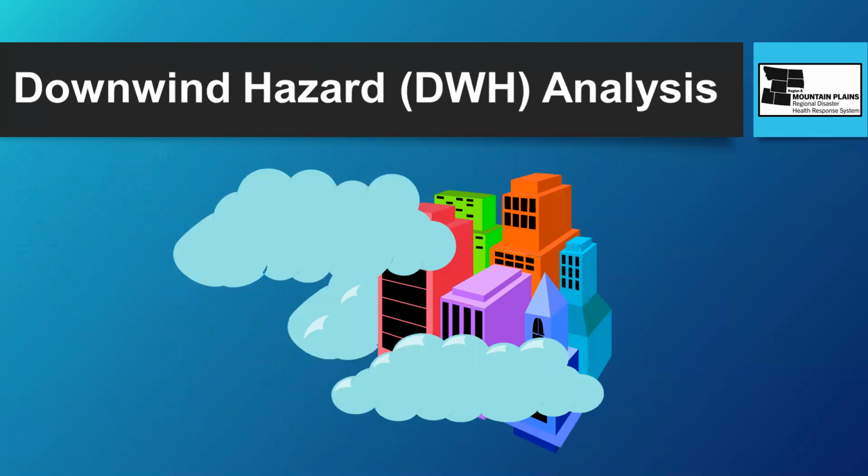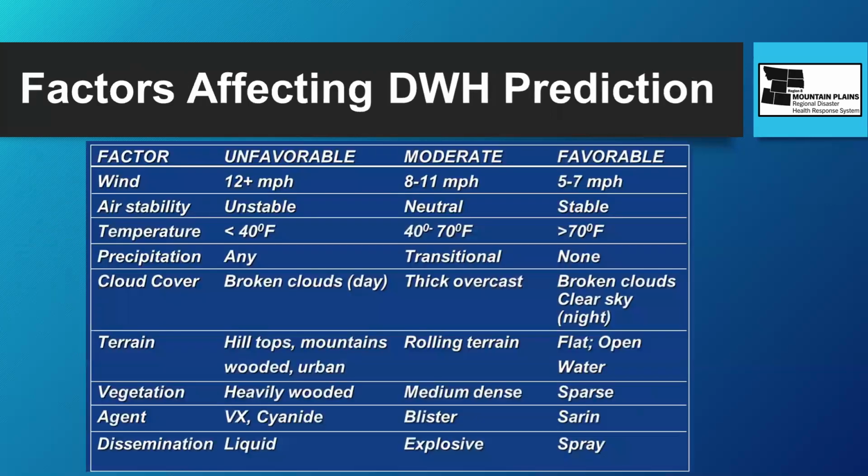Now, downwind hazards. This is a huge consideration for both responders as well as protecting the general public who may be nearby. A number of factors are involved in predicting the downwind hazard, and those are listed in the left-hand column: wind, air stability, temperature, precipitation, cloud cover, etc., the terrain.